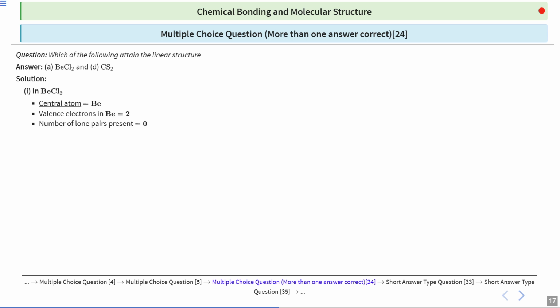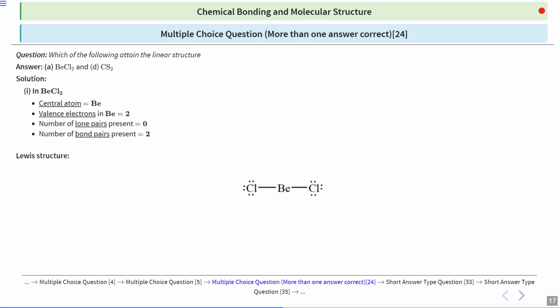Number of lone pair is 0. Then the number of bonded pairs is equal to 2. Therefore, we got all the data related to BeCl2.